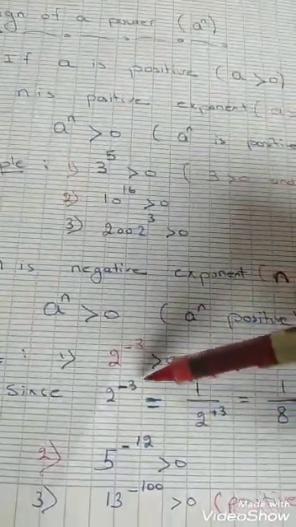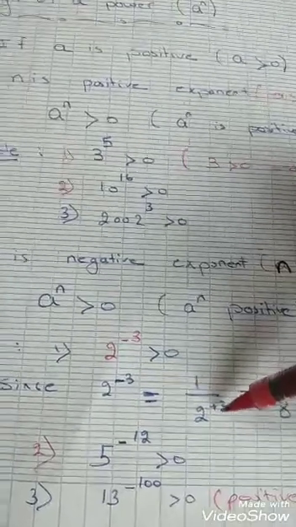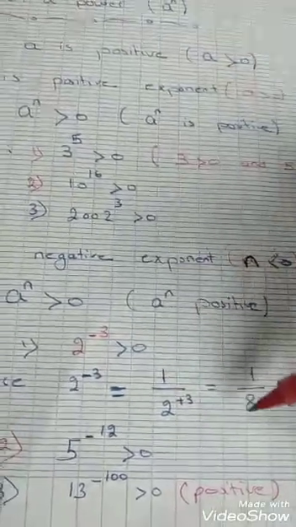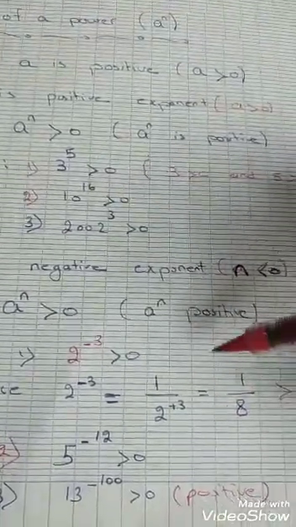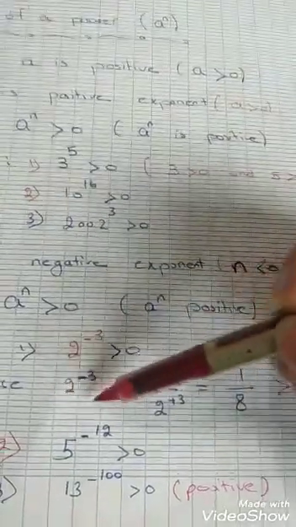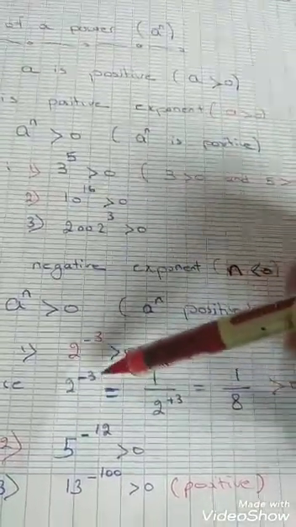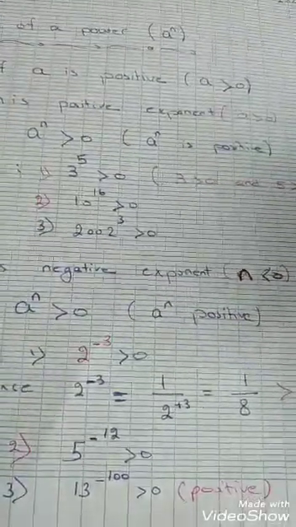Because 2 to the exponent minus 3 is 1 over 2 to the exponent 3, which is 1 over 8, and 1 over 8 is positive. So any power with a positive base and a negative exponent is not negative, it is always positive.